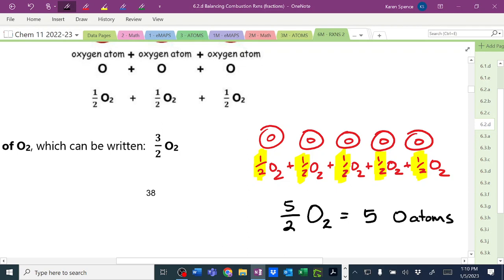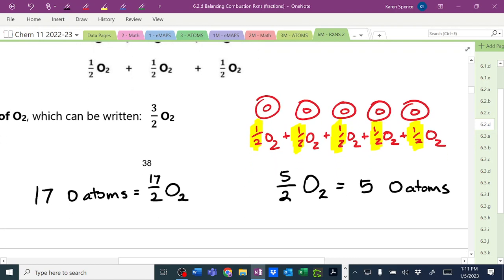And you can do that for anything. What if you wanted 17 O atoms? How could you write that as a fraction of O2? 17 over 2, 17 halves of O2. If you wanted 23 O atoms, you could write 23 over 2 O2s.